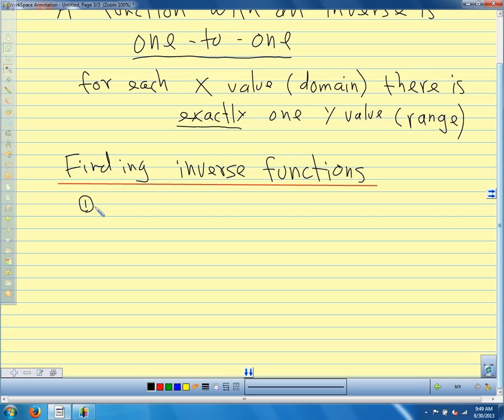Yes. Switch the x with the y. Okay. Switch x and y. And then we do what? Solve for y. That's how we find our inverse.